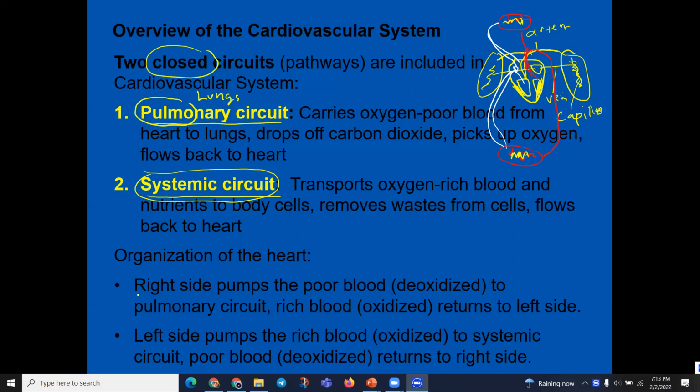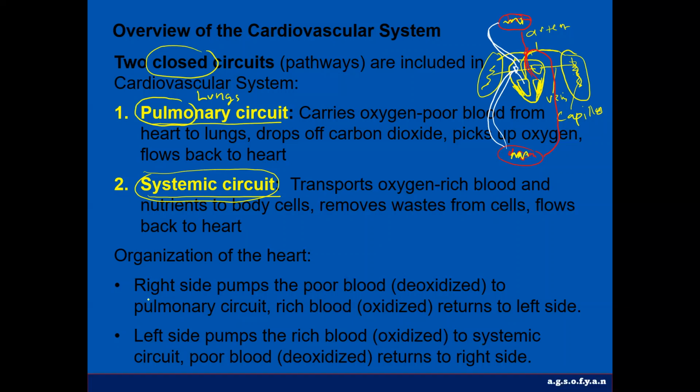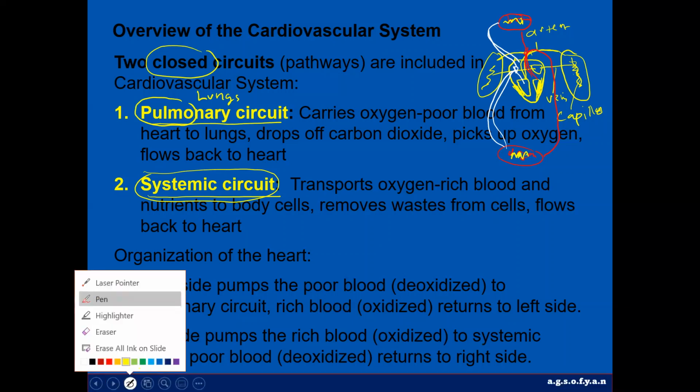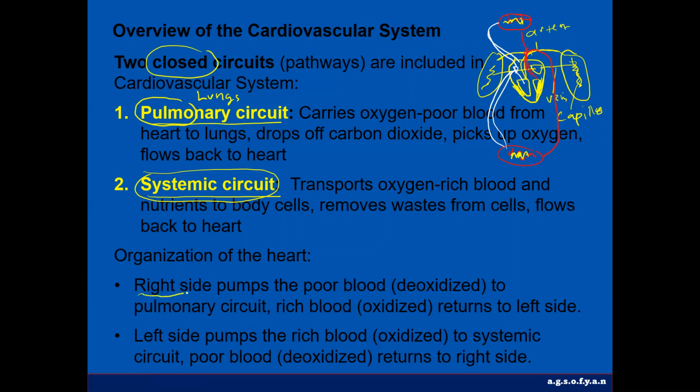Okay, so again, the right side over here pumps the blood to the pulmonary circulation. The blood that is pumped into the lung is called the poor blood. It means that it has less oxygen, or sometimes the blood does not have oxygen because it has been used by our body.